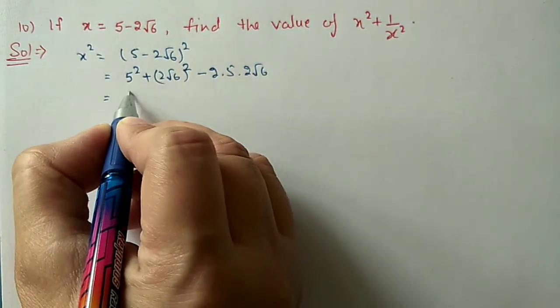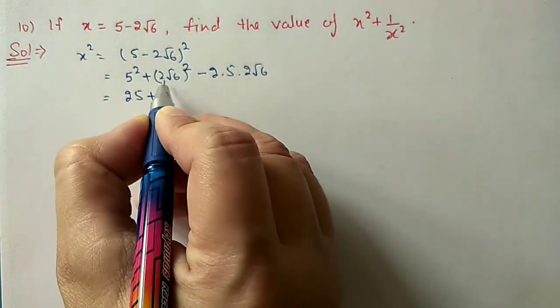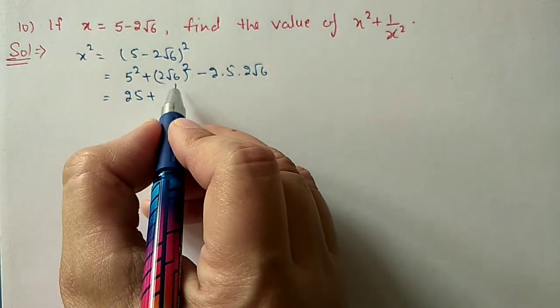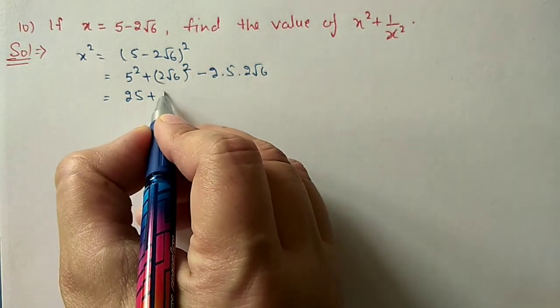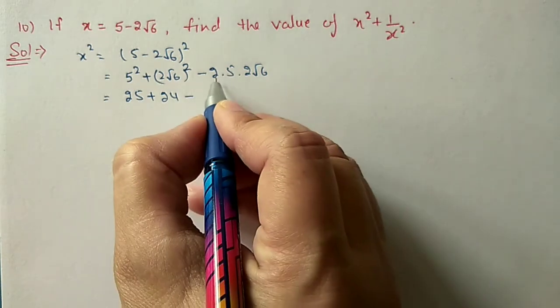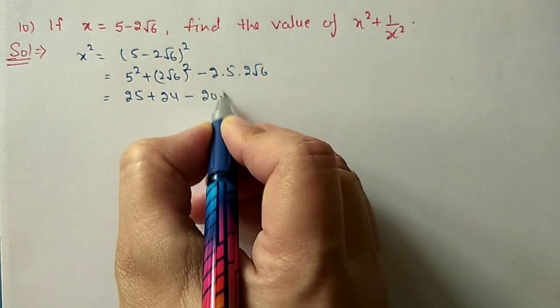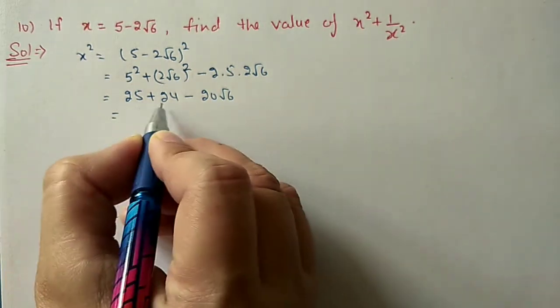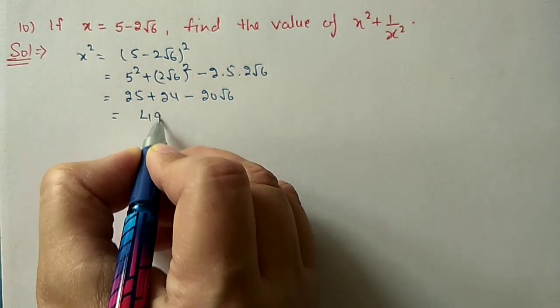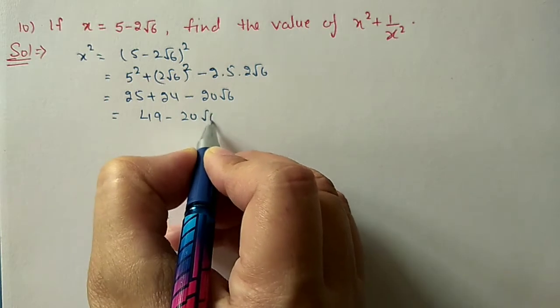So 5 square we will get 25. 2 root 6 square means 2 root 6 into 2 root 6, which is equal to 24, minus 5 into 2 is 10, and 10 into 2 is 20 root 6. Then after addition we will get 49 minus 20 root 6.